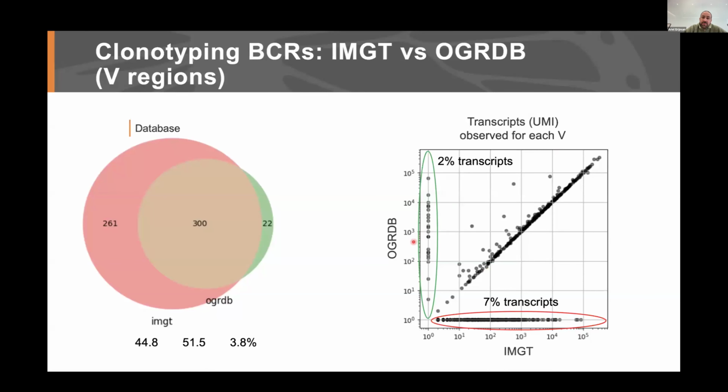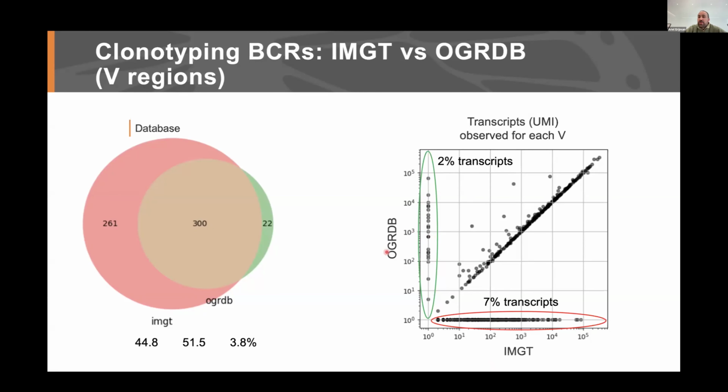And in fact, for example, when we use OGRDB, I must say that each dot is a V region, right? And the x-axis are counts of UMIs in log space.